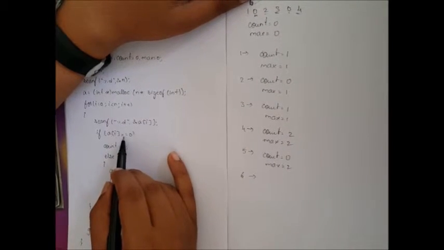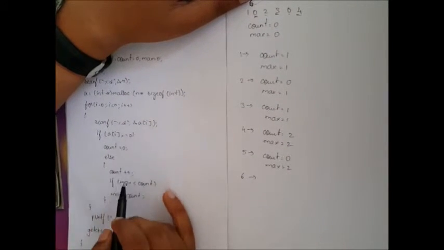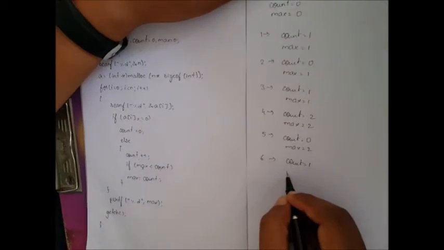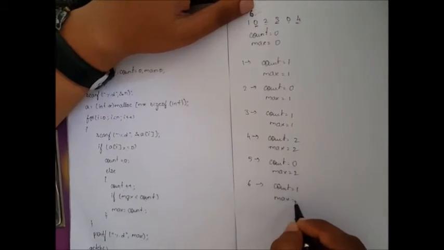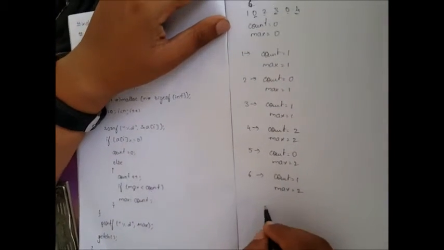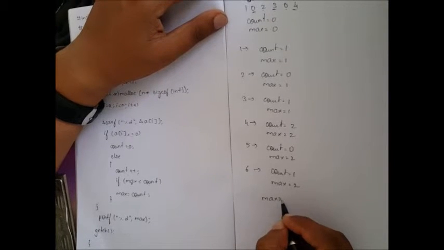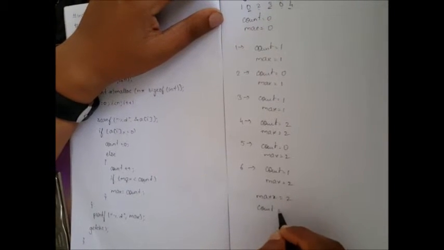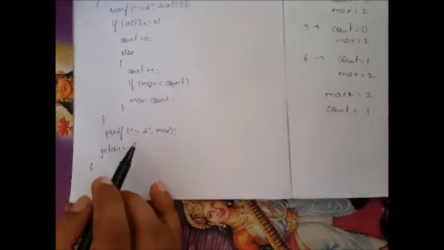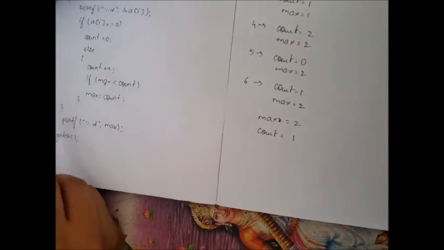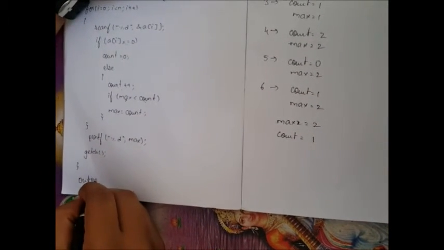So it is not equal to 0, so count plus plus, count equal to 1, and max equal to 2. So we got max equal to 2 and count equal to 1. At last we print the value of max, so we would print 2.